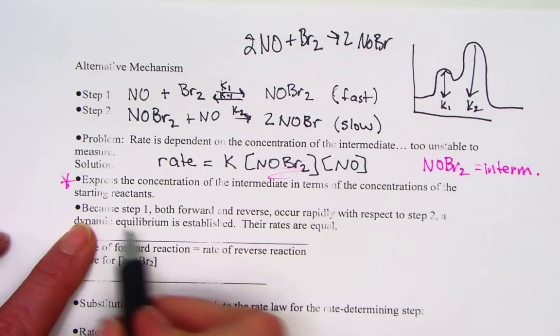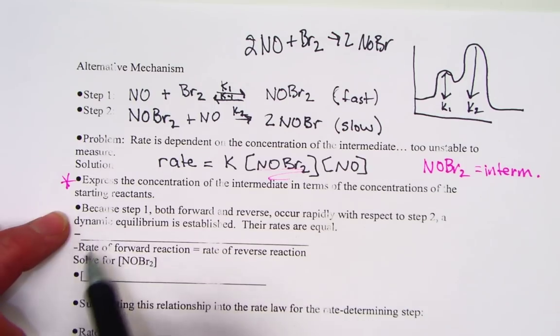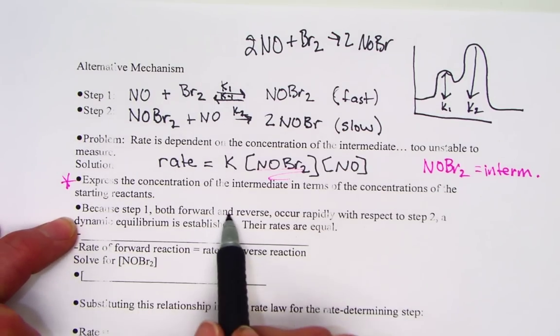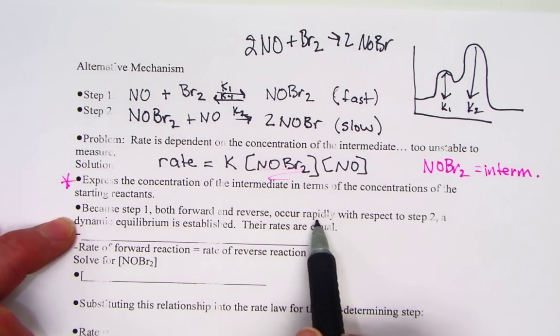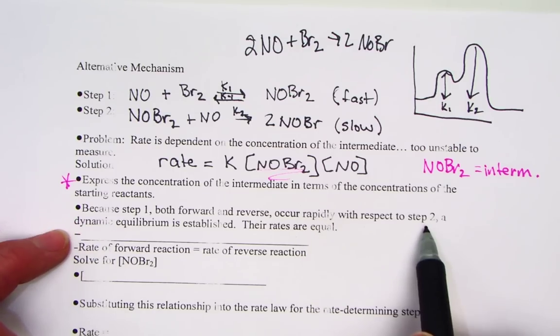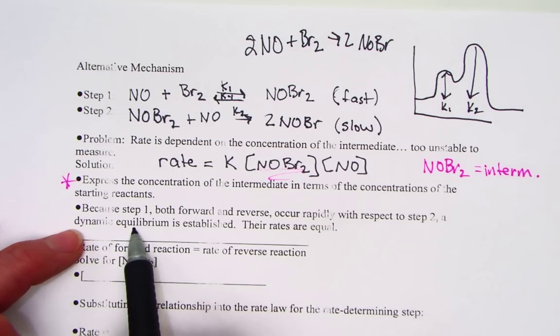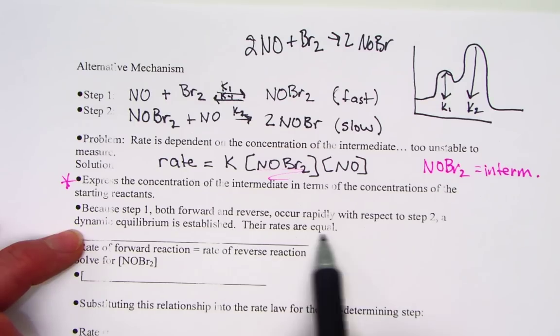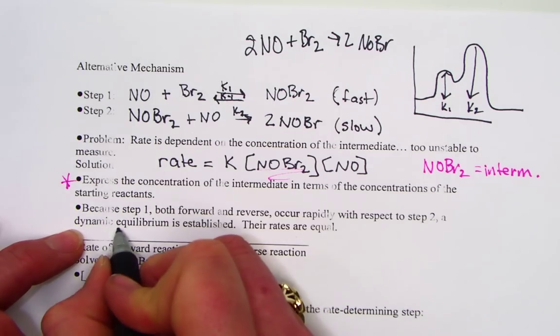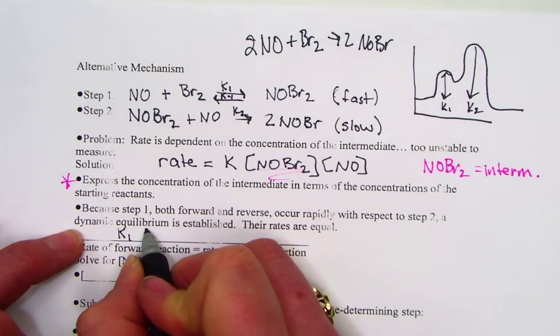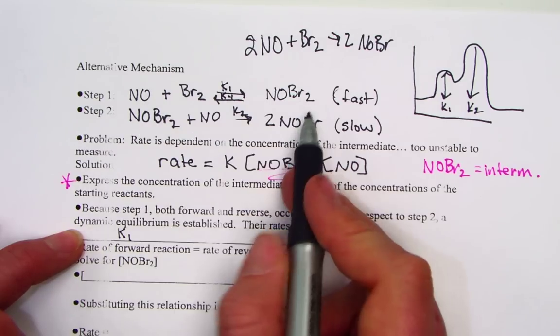With that equilibrium, step 1, both forward and reverse, are occurring very rapidly with respect to step 2. We begin to create what's known as a dynamic equilibrium. Their rates are equal.